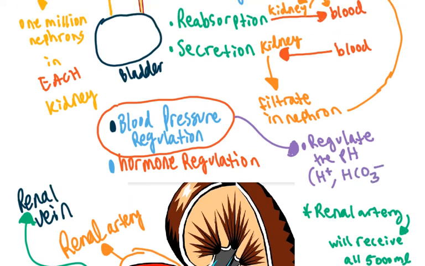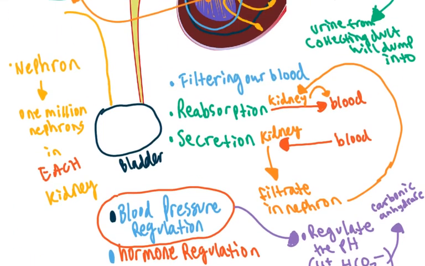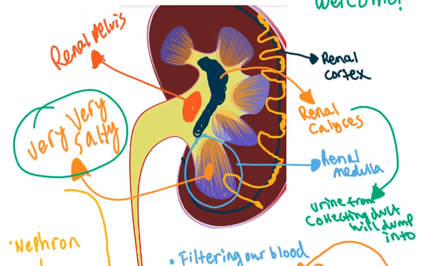And I guess we should mention an important enzyme called carbonic anhydrase. That's also going to be involved in the regulation of pH. So now that's pretty much it, all right? I guess it's good enough just to get an overview of the kidney itself.